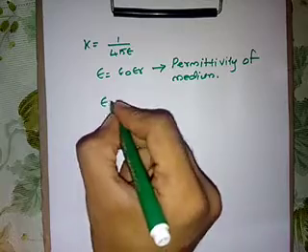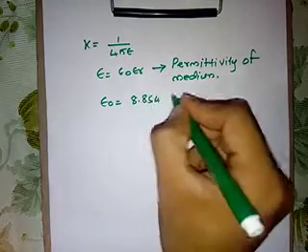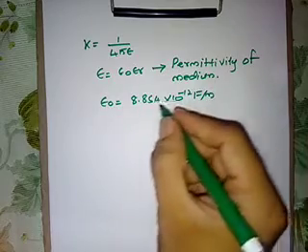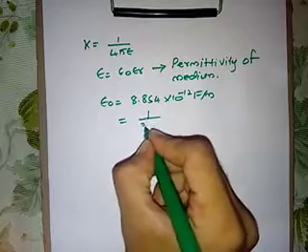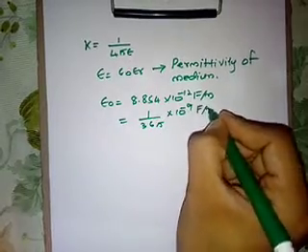The value of epsilon naught is 8.854 into 10 raised to minus 12 farad per meter, or that is also equal to 1 upon 36 pi into 10 raised to minus 9 farad per meter.